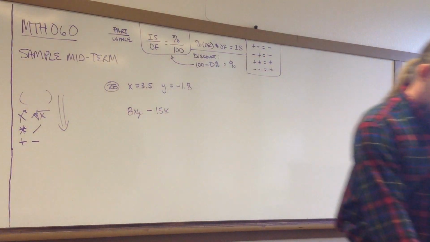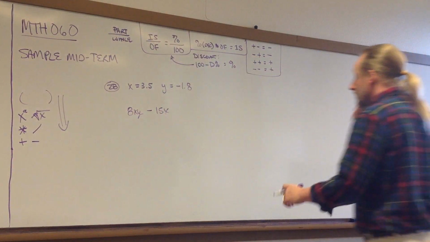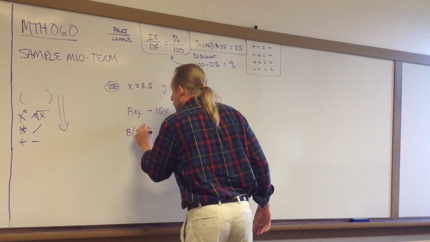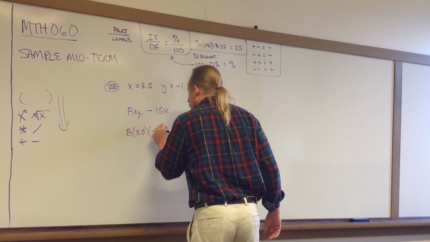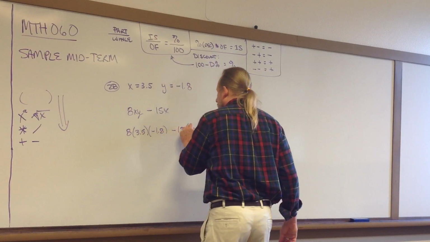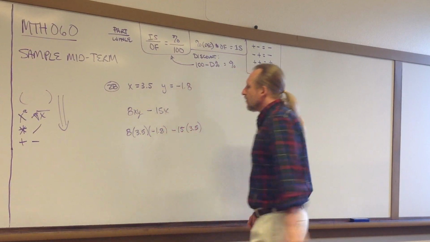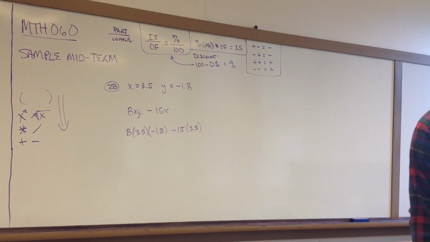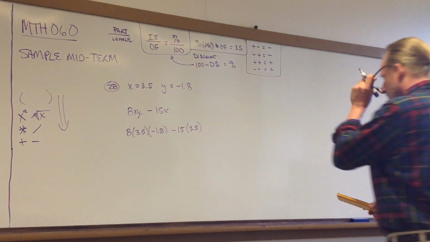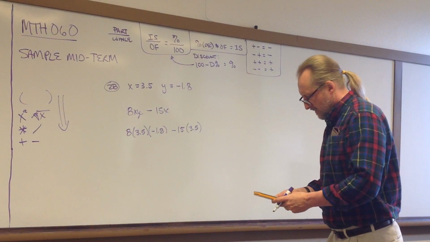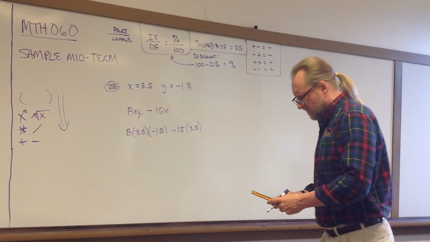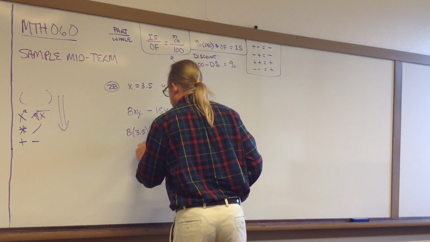Okay? Well, let's substitute in our numbers. So this is 8 times 3.5 times negative 1.8 minus 15 times 3.5. Okay? Well, let's get out the calculator here. 8 times 3.5 times negative 1.8, negative 50.4.